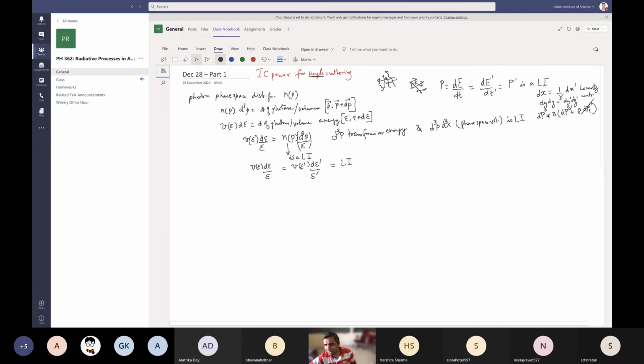So that's why dp0, which is like energy, goes like gamma dp0 prime. And we obtained that this transforms as energy. Anyway, the upshot is we will actually need this. So this is somewhat important.